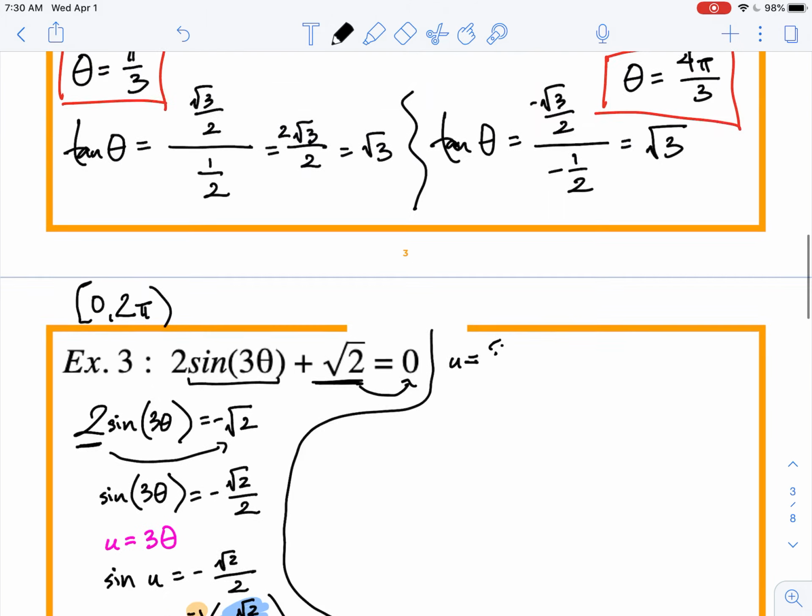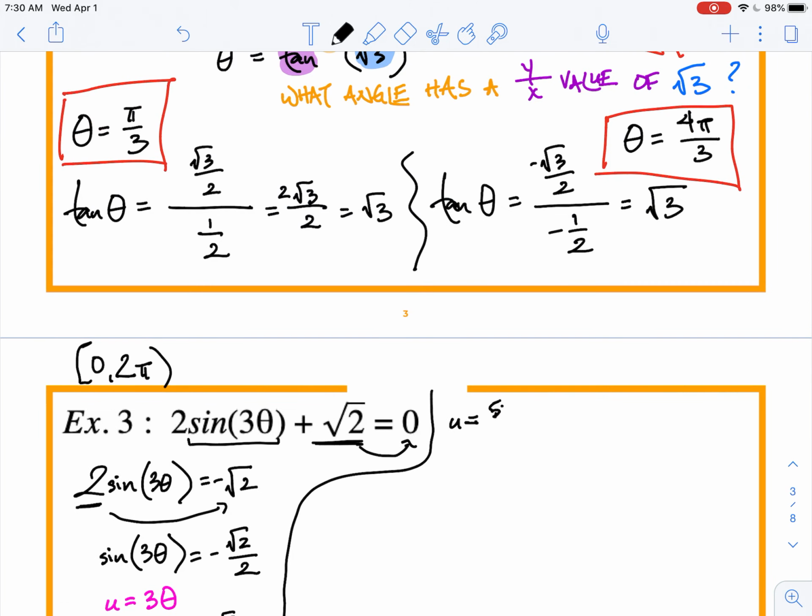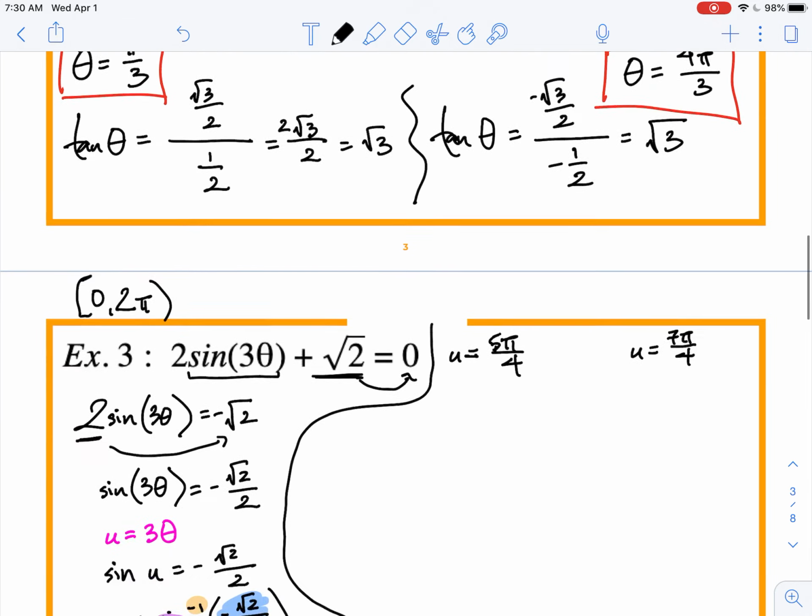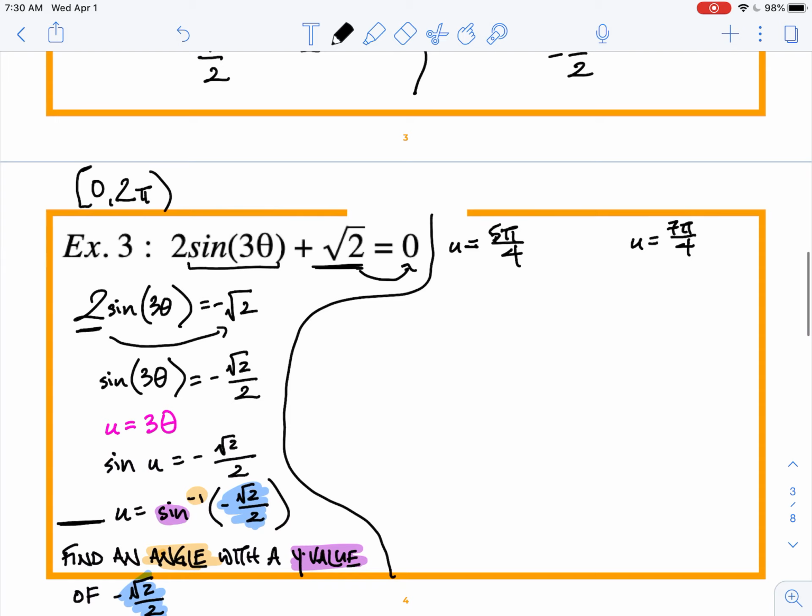U can be at 5 pi over 4, or u could be 7 pi over 4. Both of those angles have a y value of negative root 2 over 2.